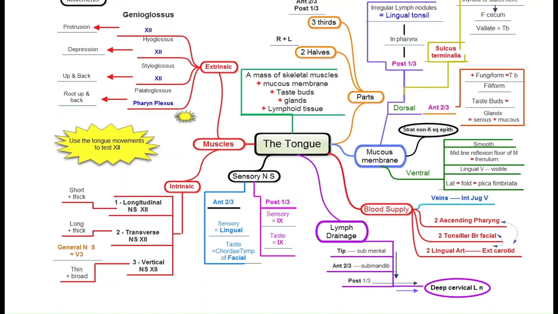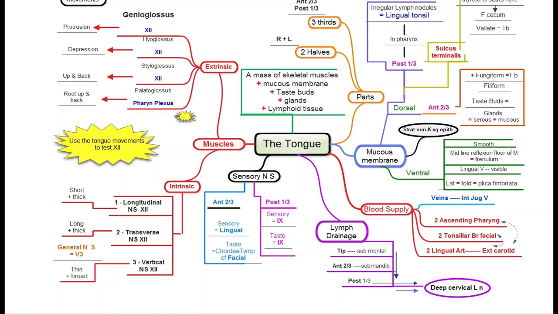If you follow the red line coming down towards the lower and right part, which is talking about blood supply, you can see that the blood supply is mainly by 2 lingual arteries coming from the external carotid, plus 2 smaller branches, which I described as coming from the neighboring organs, and the neighboring organs to the tongue, of course, are the tonsils.